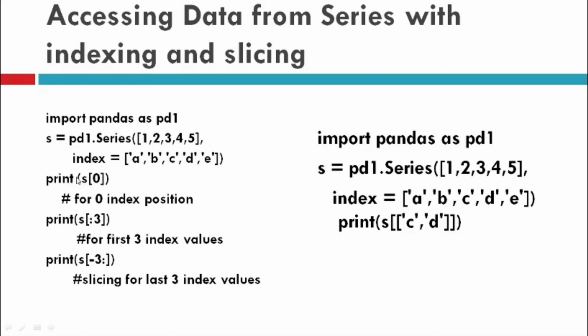S0 is the start of the series, that is S0, S1, S2, S3 and S4. So the first three index values A, B, C with their numbers, and the negative sign means we take from the last.